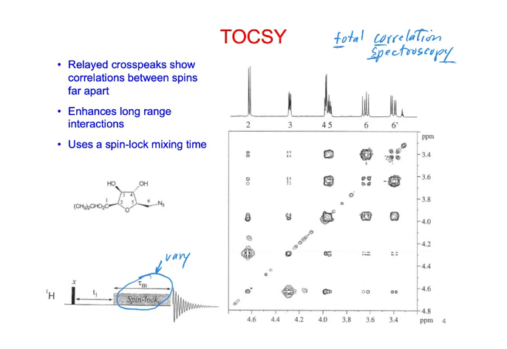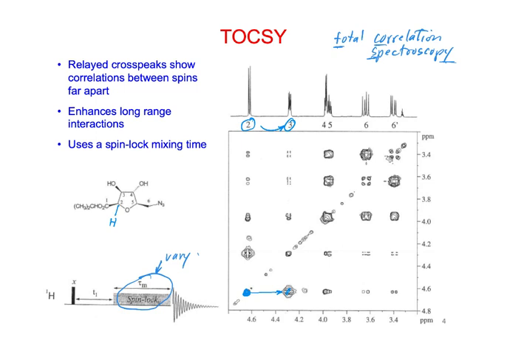Okay, so let's look at an example here. So we've looked at these kind of compounds before, and let's just start out with this H2. So H2, being next to the oxygen and being next to the ester, remember, was the most downfield signal in this spectrum. Okay, so if we start with this, so this is the H2, and we go along this direction, we see that it goes to H3, which we would expect.